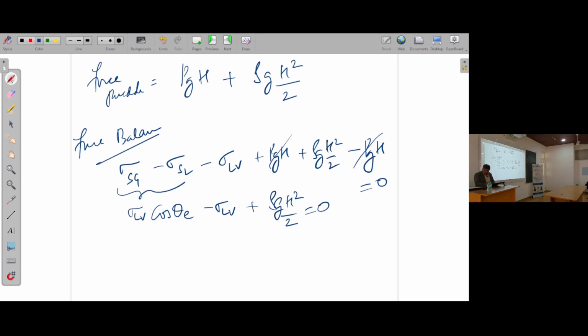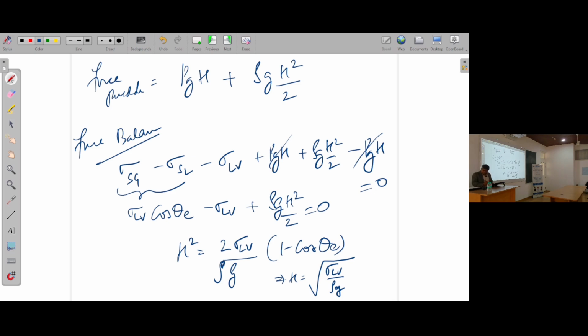If I bring all the h squared terms together, h squared is equal to 2 sigma LV divided by rho g, times 1 minus cos theta e. So h is equal to the square root of sigma LV divided by rho g, times the square root of 1 minus cos theta e.